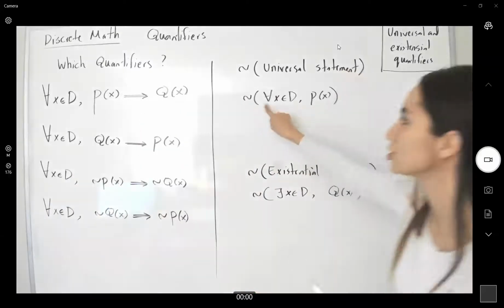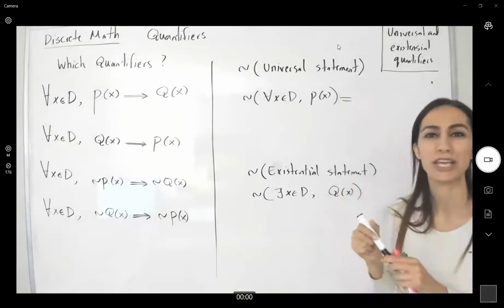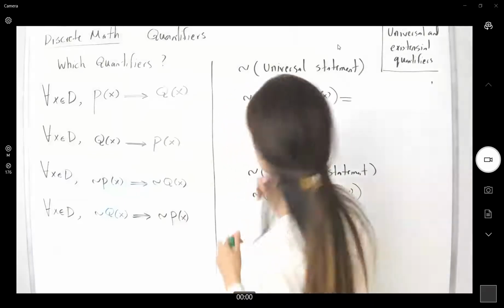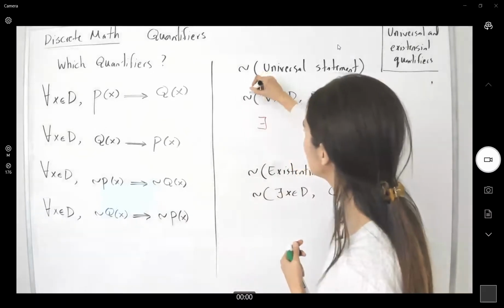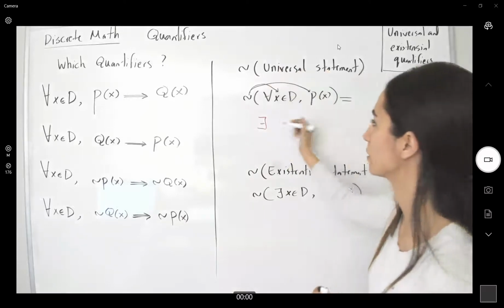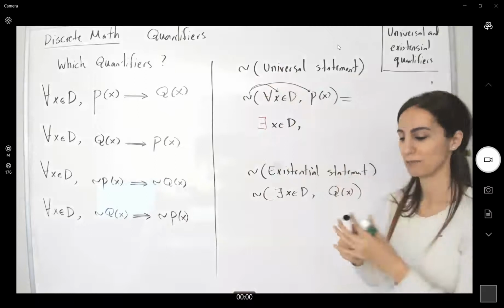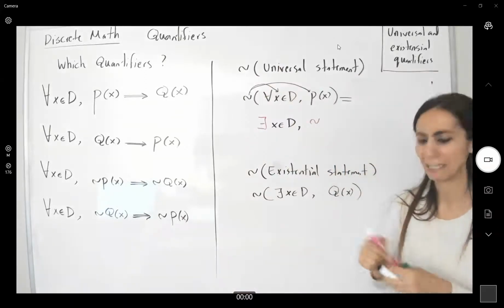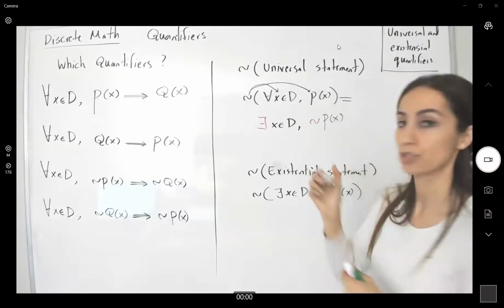Well, the negation of for any is going to be there is x in domain D such that, so somehow you try to distribute negation over parentheses. So there is x in domain D such that not p(x). So we have to negate the predicate as well. So make sure you are negating two things.